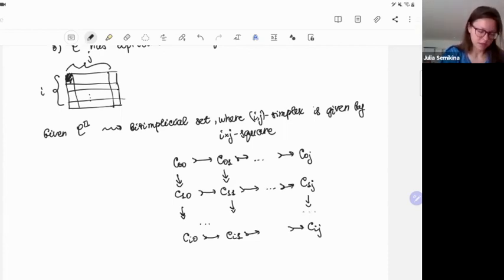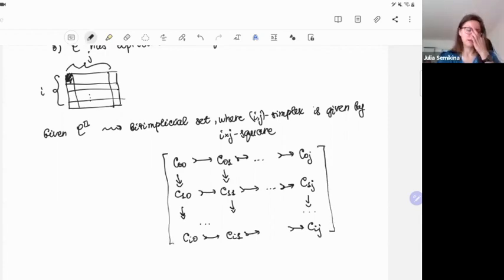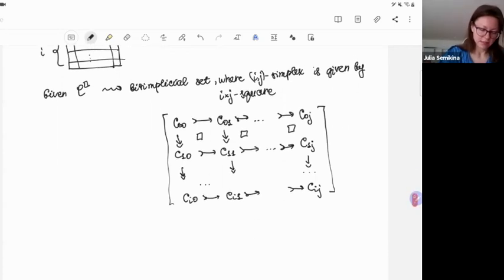So this is my set of j simplices. And every small square in this diagram should be a distinguished square from the definition. So I can define this.